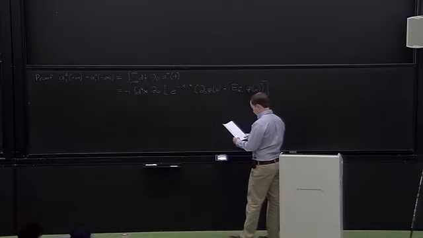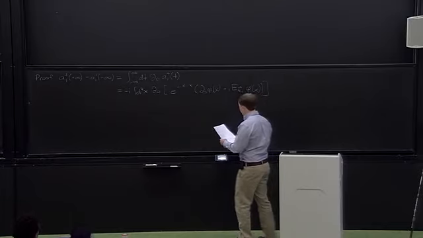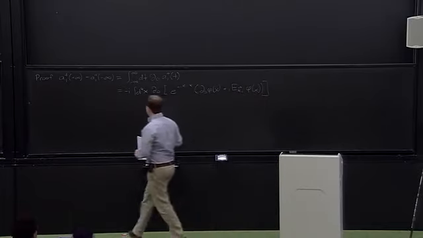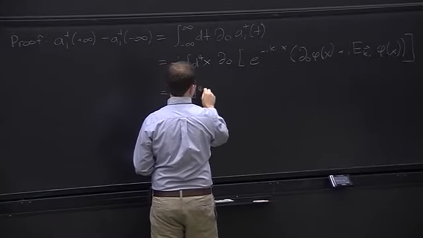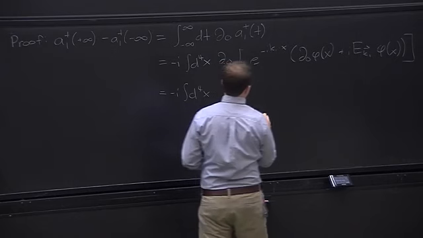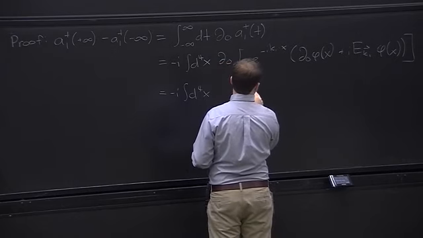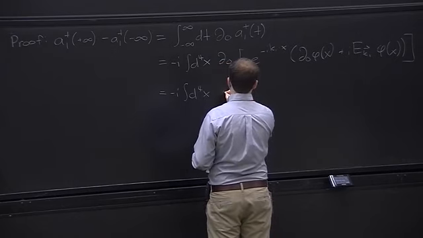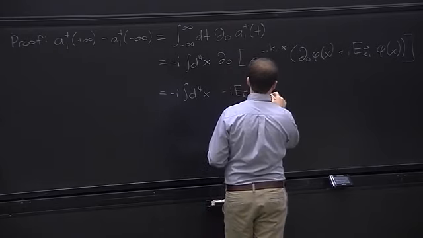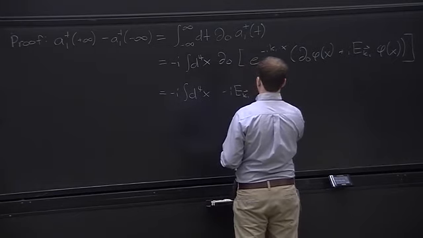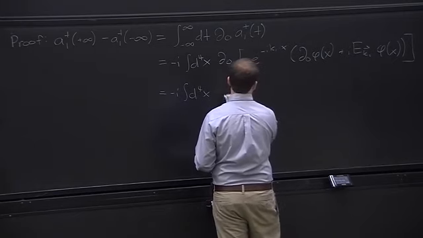Okay. And we can evaluate this time derivative in 4 terms. So we get a minus i E_k1 times, well, everything is going to have this, I'll write this first.